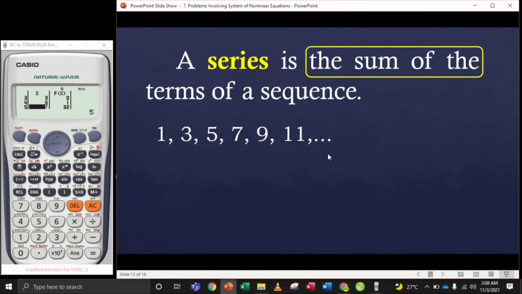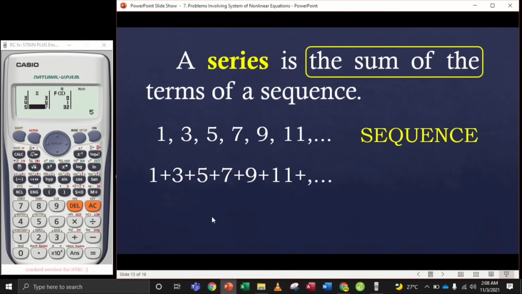So, ito ay sequence. So, kapag nilagyan natin ng addition sa gitna nila, between the terms, ang tawag na dyan, series. Okay, so yan pagkakaiba ng series and sequence. Ang sequence separated by commas and series separated by plus sign. Okay, ibig sabihin i-add natin.